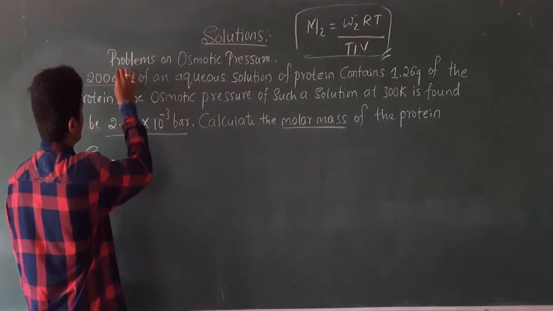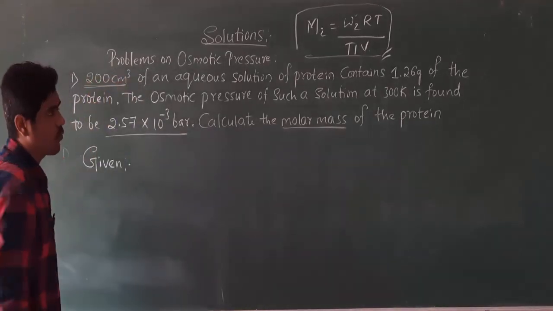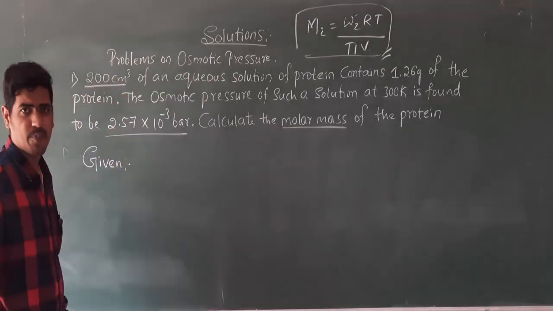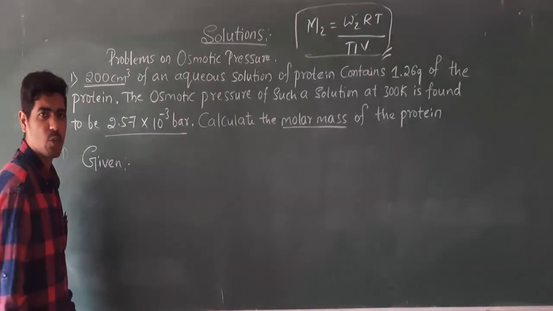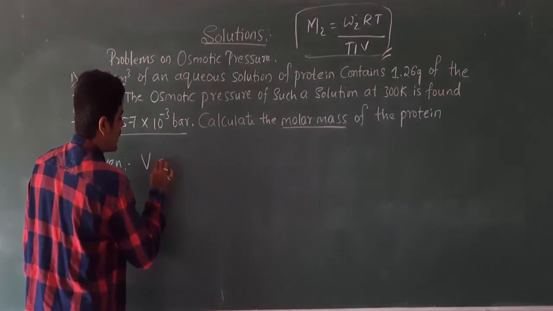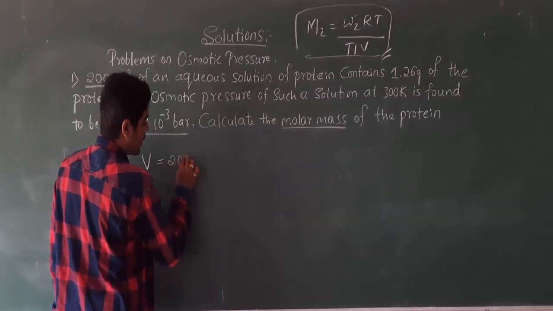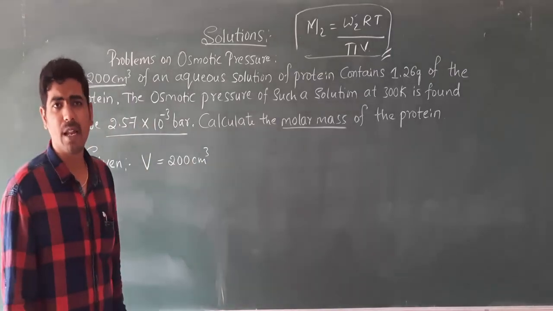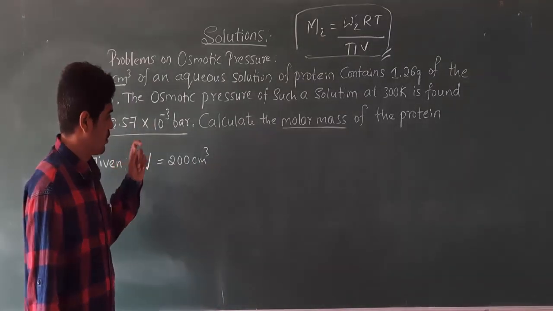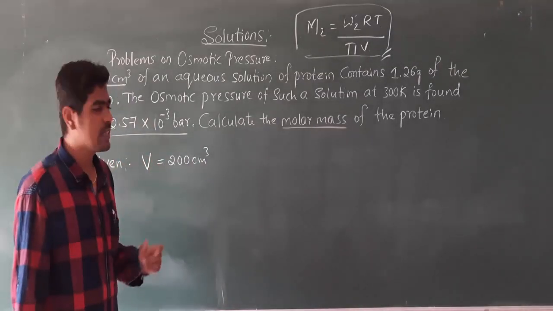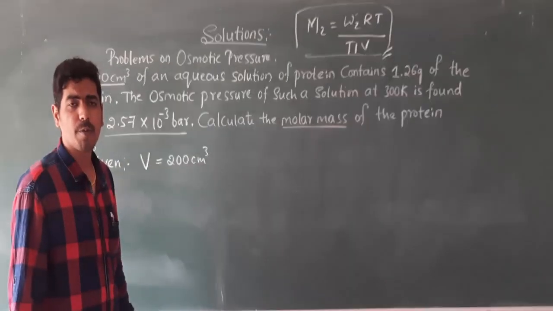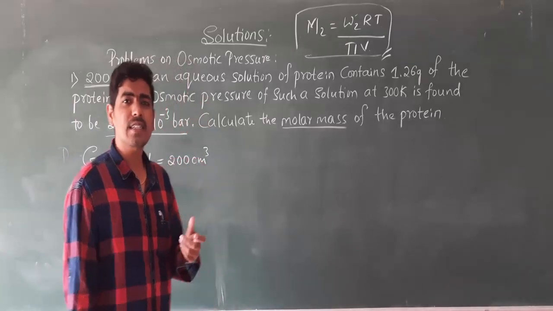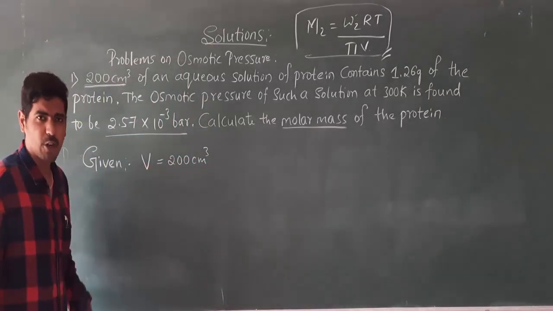First of all they have given the volume of the solution, that is 200 cm cube. So volume is equal to 200 cm cube, or you can also say ml. Here the volume is in ml or cm cube, but you have to convert that into liters.